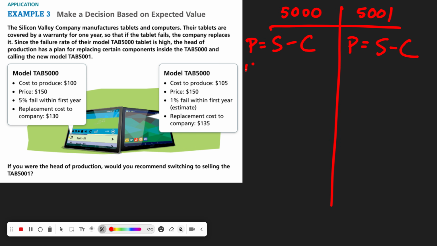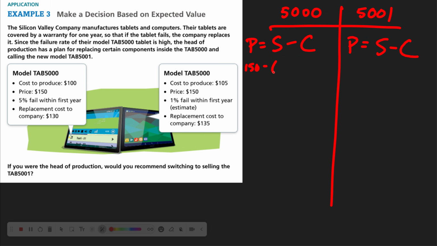So this one, we sell it for 150. It costs us 100. But 5% of the time, it costs us $130. So that's going to be minus 0.05 times 130. This one is also going to be sold for 150. It costs us 105 to make, so it costs us more to make it. But this is going to be 0.01 times 135.